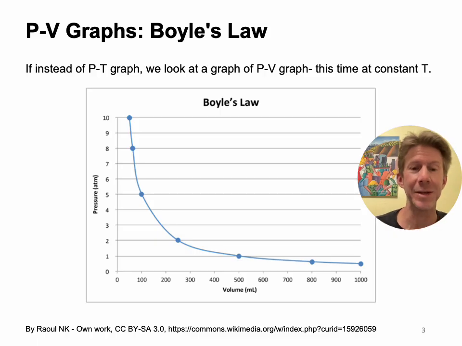That means that pressure and volume are inversely related, meaning that as you go to lower volumes, you get higher pressures, and as you go to higher volumes, you get lower pressures. And so again, this is something we've seen. We may or may not talk specifically about the fact that temperature is constant on this line, but it's true. And we're going to do lots of these pressure volume plots coming up.